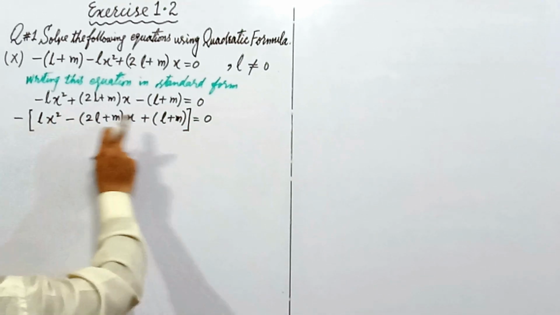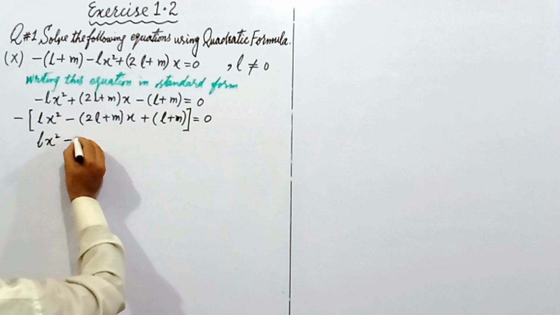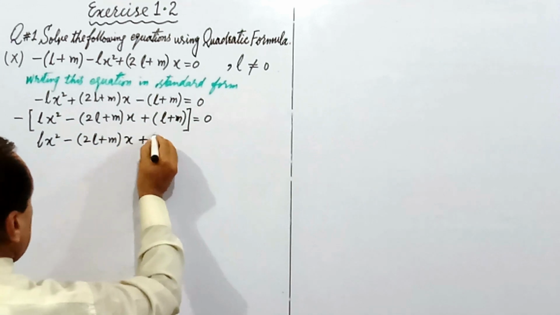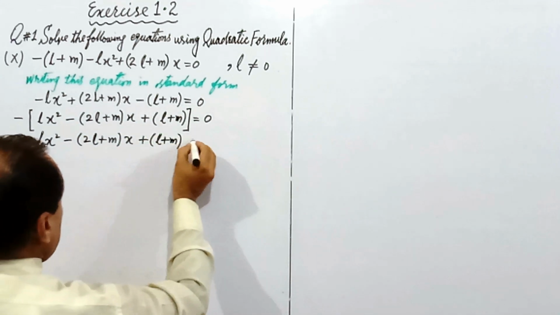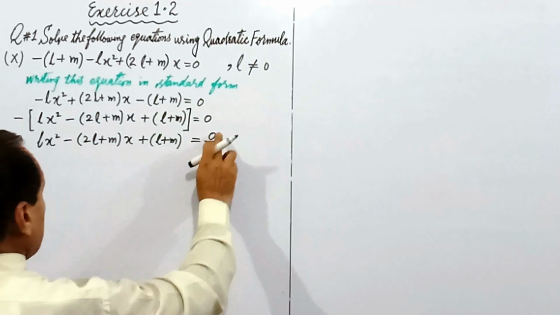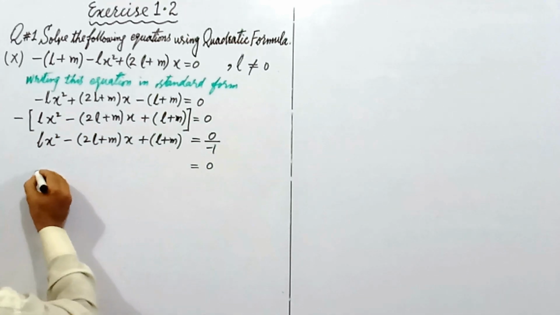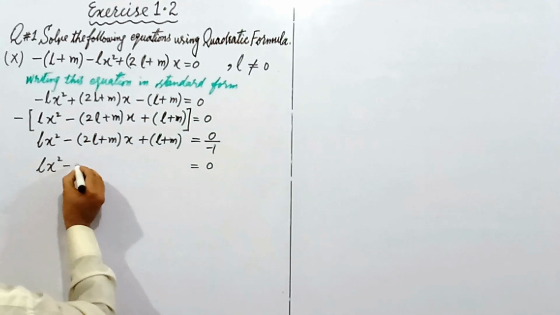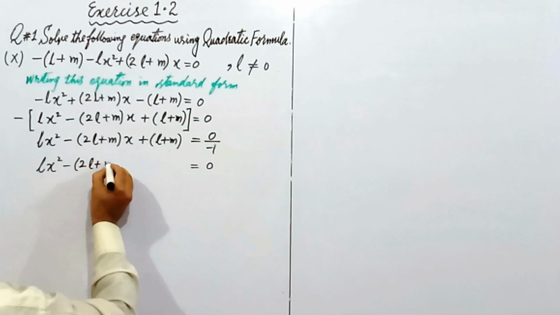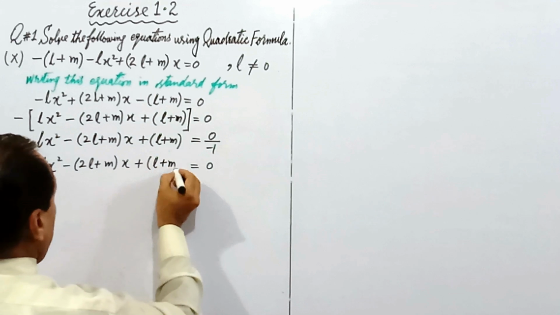That minus 1 is taken to the right hand side, so we have Lx square minus (2L plus m) x plus (L plus m) is equal to 0 divided by minus 1. 0 divided by minus 1 will be equal to 0. So we have a standard form on our hand, Lx square minus (2L plus m) x plus (L plus m).